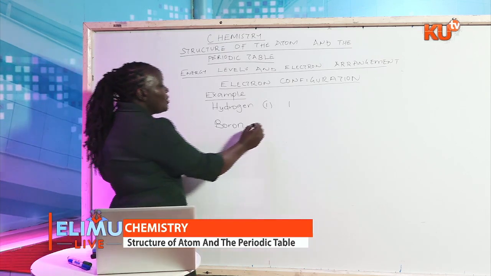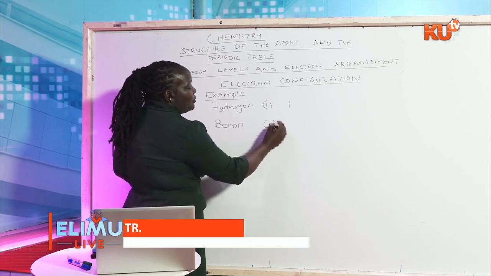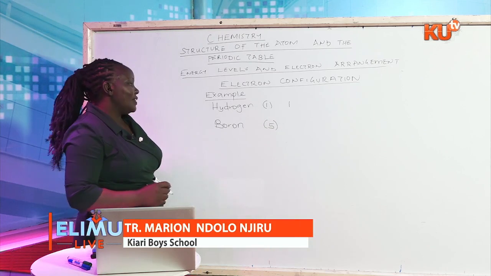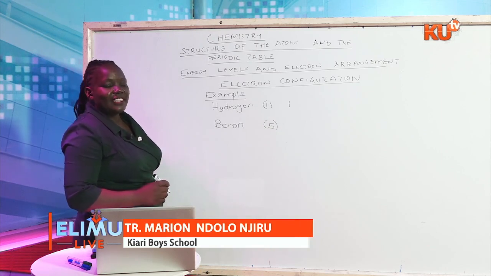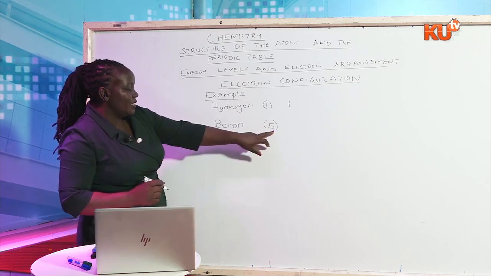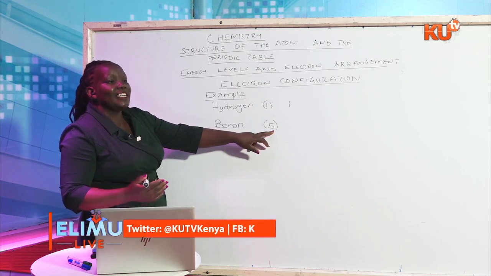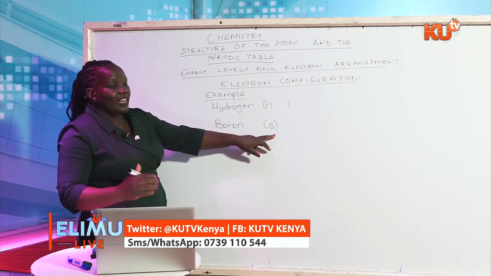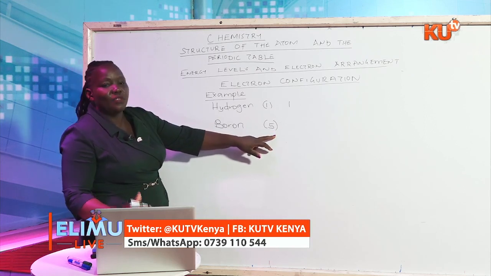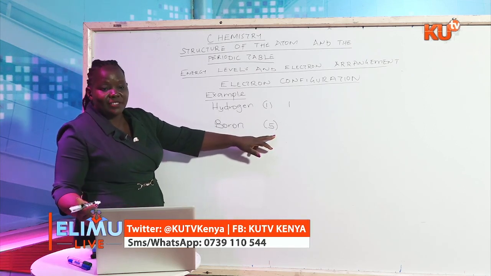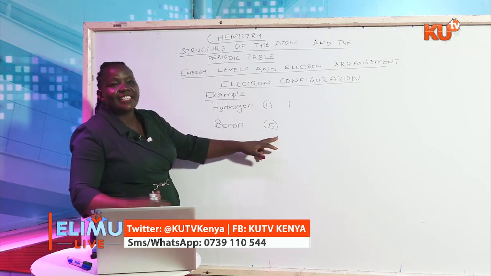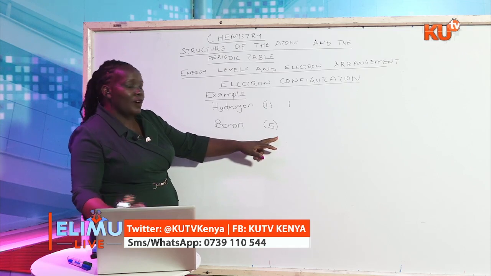These electrons are going to be distributed in different energy levels. We start with the first energy level, moving outwards. We number them starting from number 1, the one that is next to the nucleus, then the one that follows as you move outward.